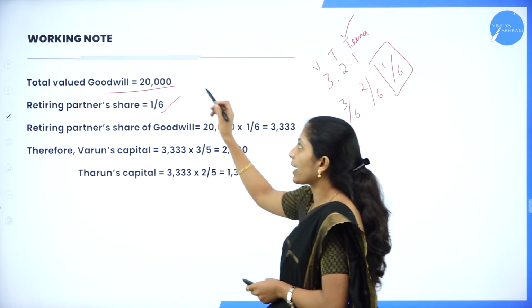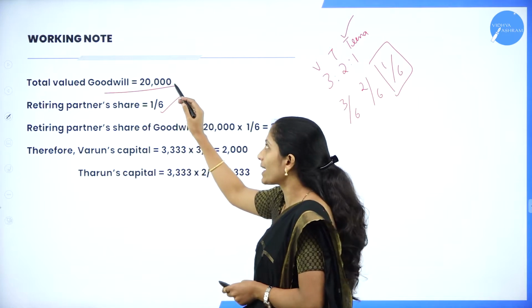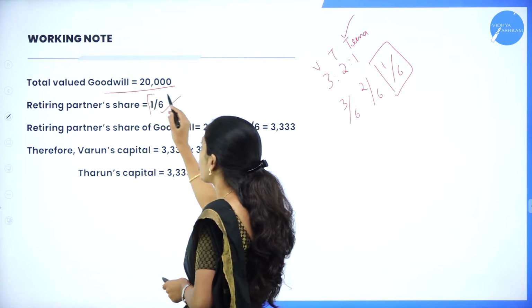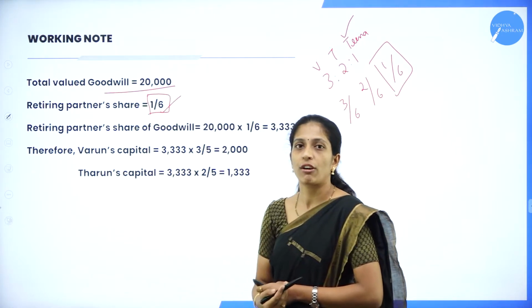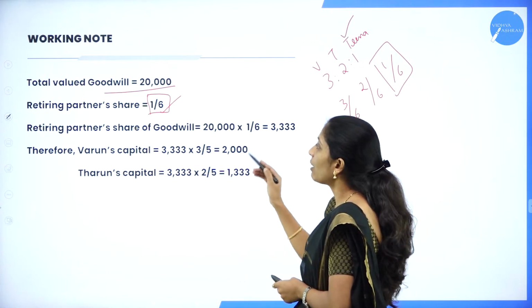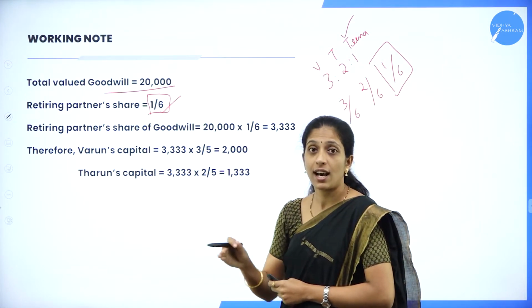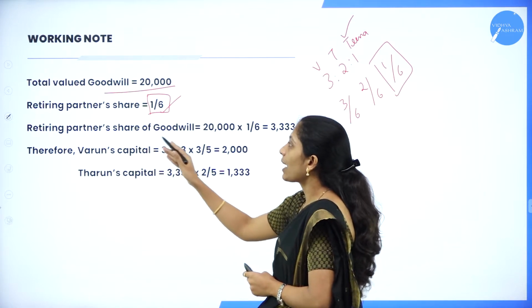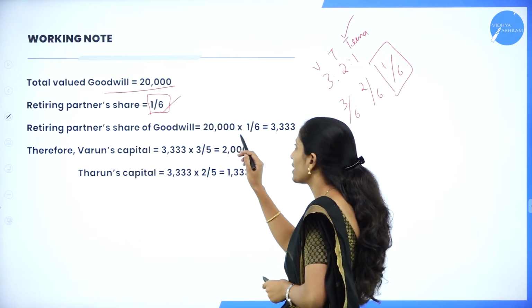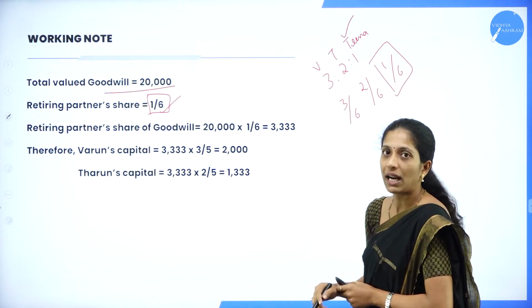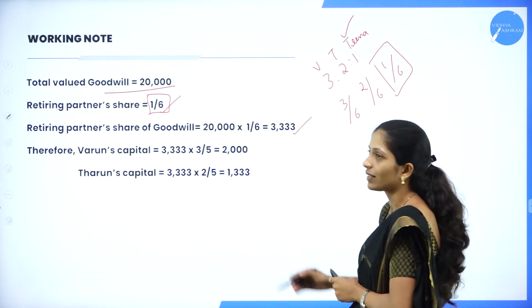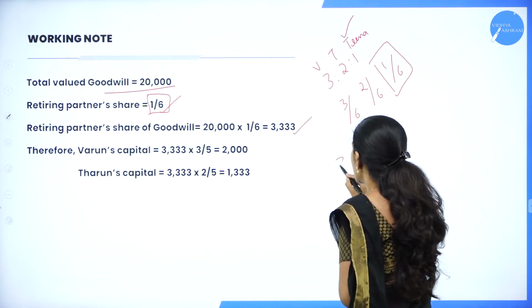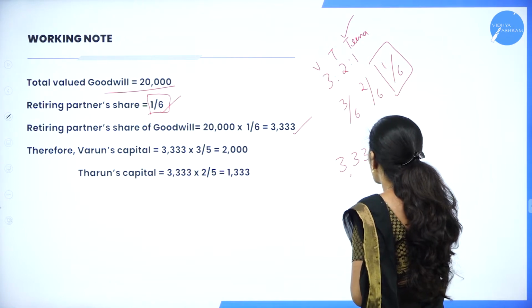They have given the valued goodwill 20,000, so the retiring partner's share of goodwill is 20,000 into 1/6, which gives 3,333.